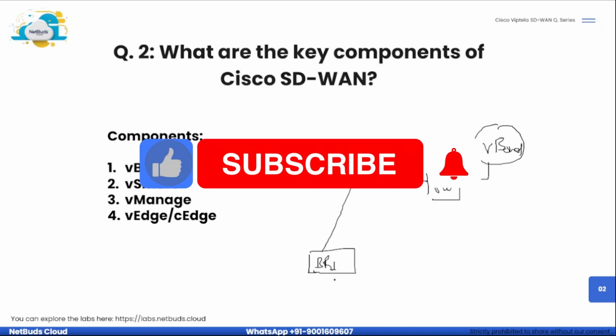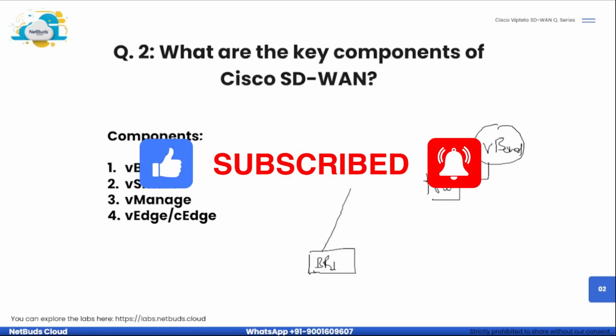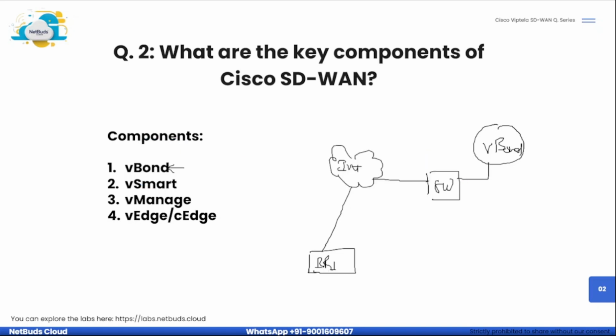So what exactly happens in that case? First, this device is configured with some basic or initial configurations, which we will discuss in the coming questions. We have already configured this device, it is connected to the internet, and we have internet access.